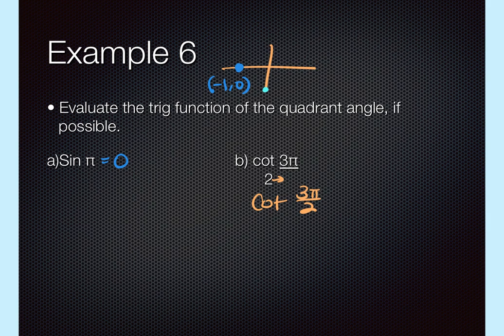The coordinate point there? 0, negative 1. My tangent there is what? Undefined. So the cotangent would be 0. So again, those are the kind you cannot use a right triangle for. You have to use your quadrant angles. Still good?